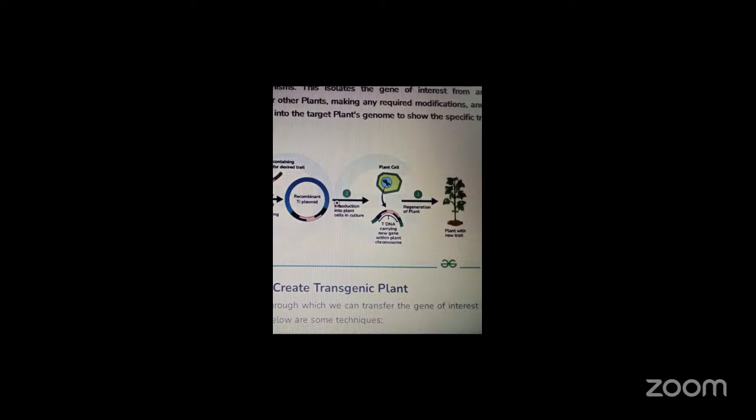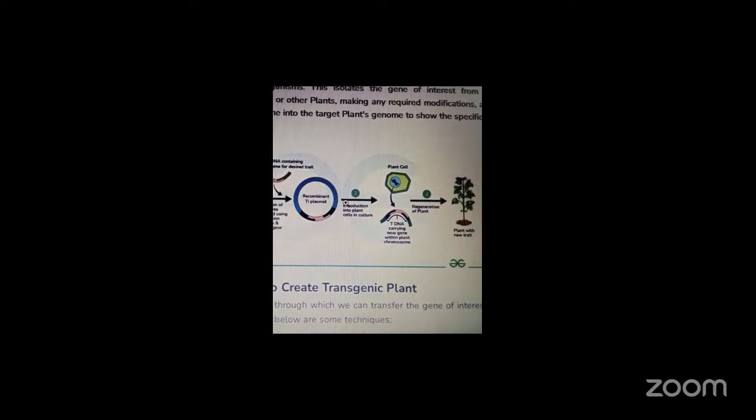Another method is the electroporation. In electroporation, electrical current is used which creates temporary pores in the plant cell wall for the genetic material. Another technique is the microinjection.